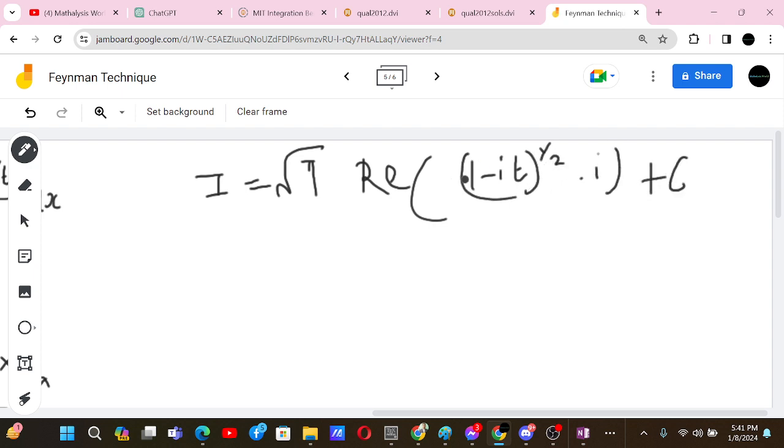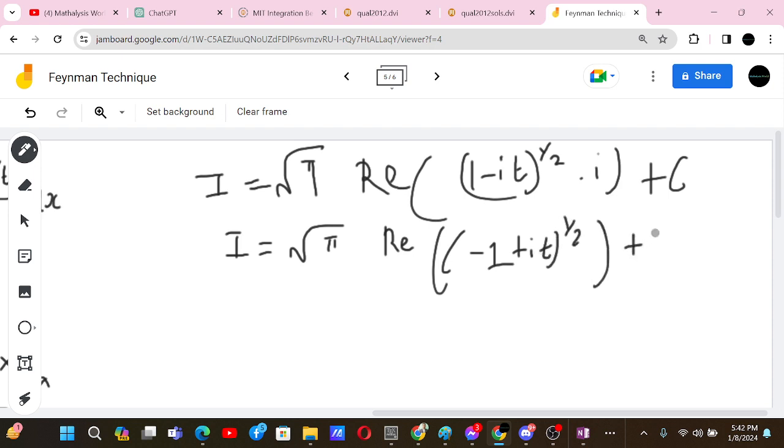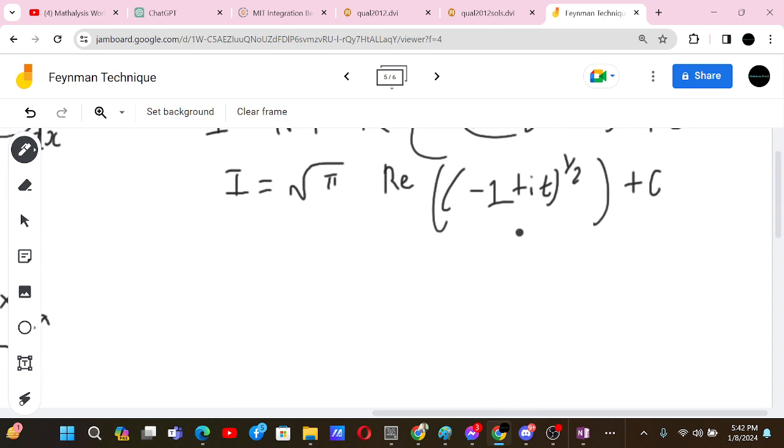Now we can take i inside. That gives us I equals root pi, and then the real part of, if i goes inside, it will be i square. i square is minus 1, so minus 1 plus it to the power 1 by 2, plus c. Now we are close to the answer.